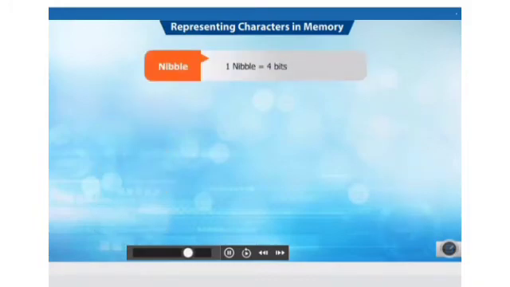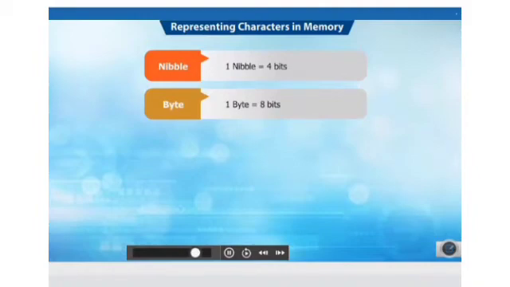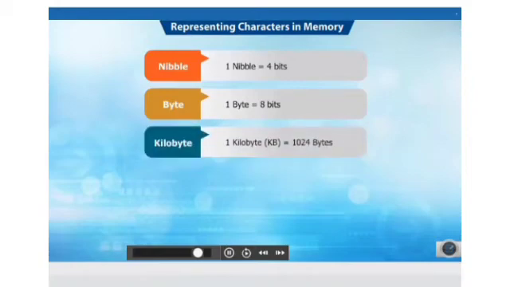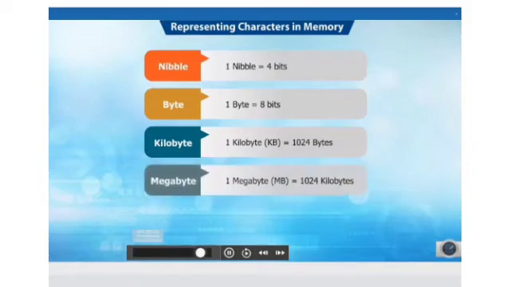A nibble is a collection of 4 bits. That is, 1 nibble is equal to 4 bits. A byte is a collection of 8 bits. Generally, the storage capacity of a computer is expressed in terms of bytes. 1 kilobyte is equal to 1024 bytes. 1 megabyte or 1 MB is equal to 1024 kilobytes.